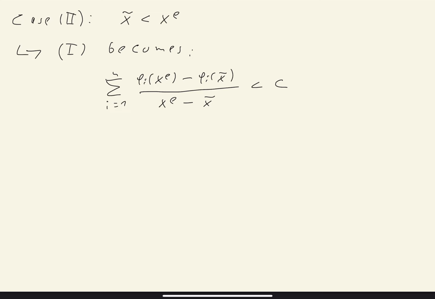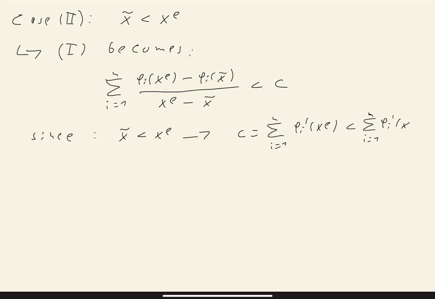Okay, and now since x tilde is strictly smaller than xe, we have that c, equal to the sum of marginal utilities at xe, is strictly smaller than the sum of marginal utilities at the x tilde allocation.